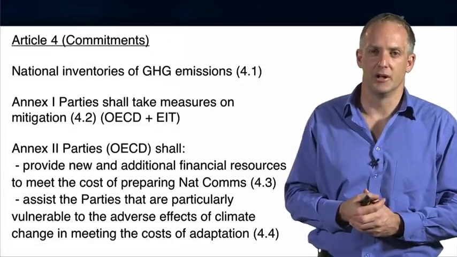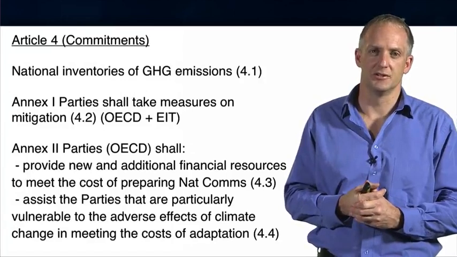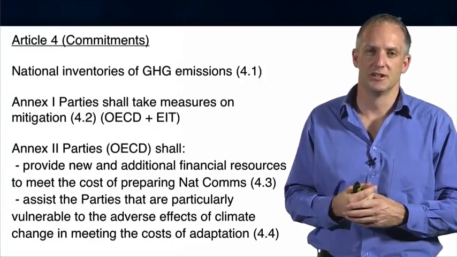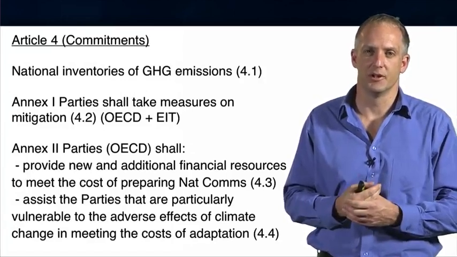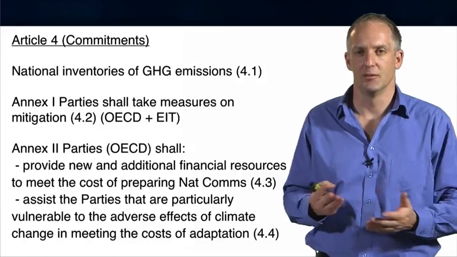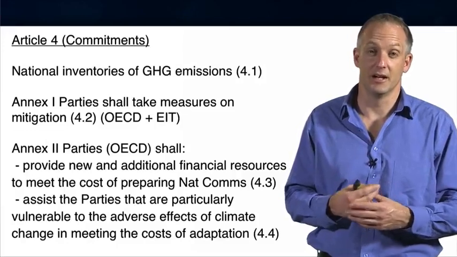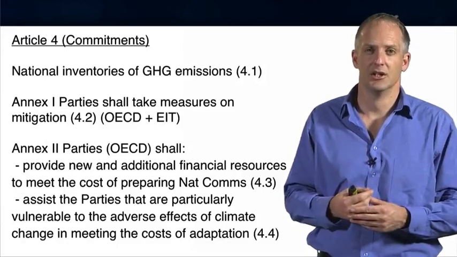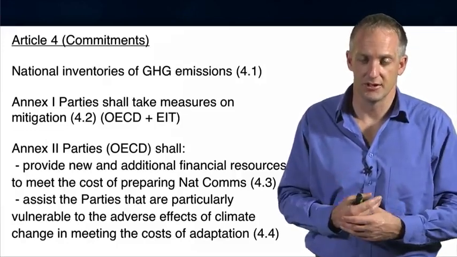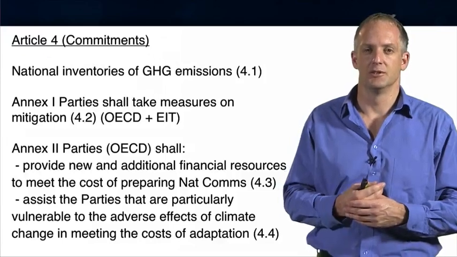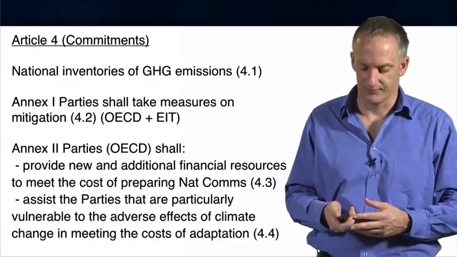It also requires the developed countries to take measures to assist particularly vulnerable countries. Although again, this isn't specified, and what form this takes is never clear. But there has been some funding under this convention article since the convention began to assist with vulnerability and adaptation.